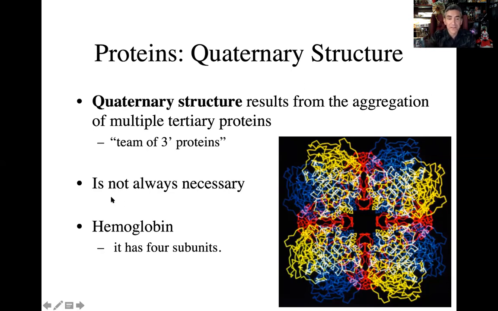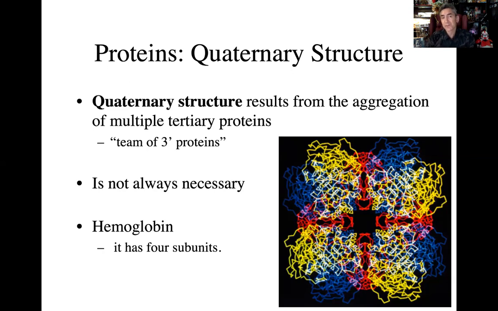It's not always necessary. I don't know how you study. Maybe some of you study at home by yourself, but maybe some of you collaborate and you form study groups. Well, that would kind of be like a quaternary structure. You're functional and your buddy's functional, and now you start to collaborate, and that makes a team, right? The quaternary structure.